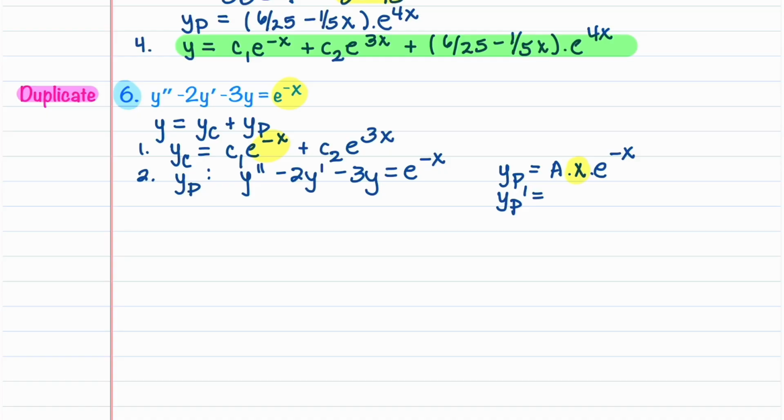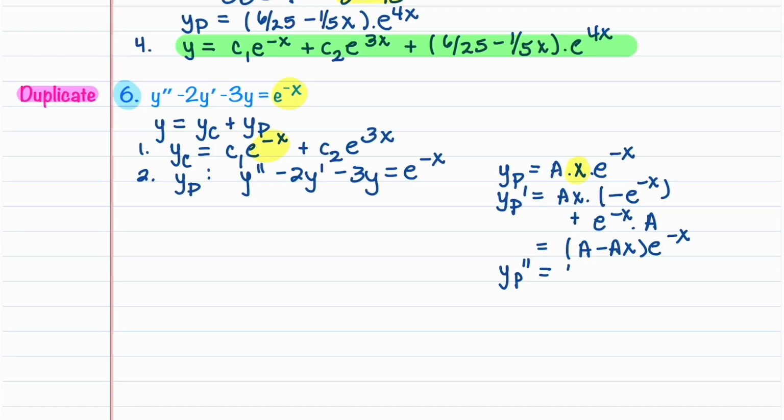Yp prime is going to be the first times the derivative of the second, minus e to the minus x, plus the second, e to the minus x, times the derivative of the first. This gives us a minus a times x, e to the minus x. I always combine it before I take another derivative because that actually saves time. Now we need to differentiate again.